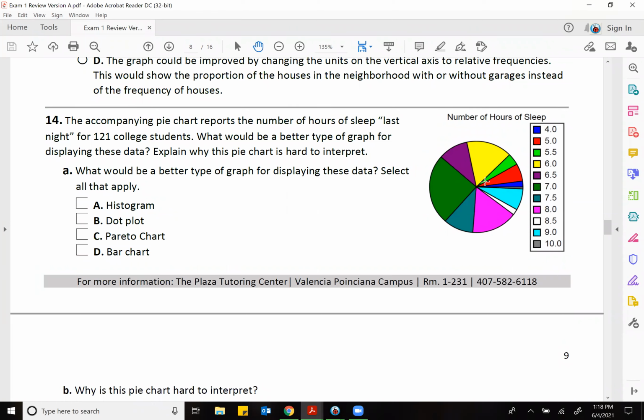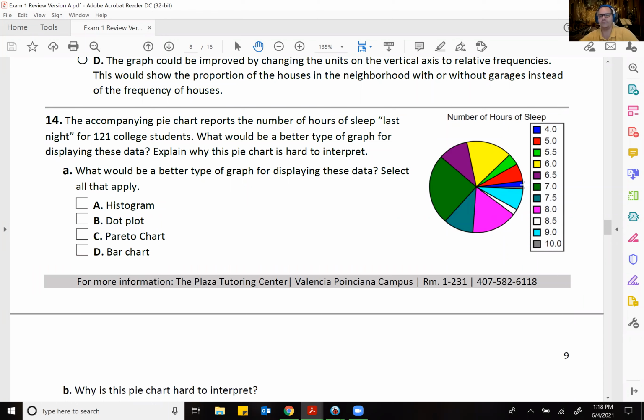Histogram or dot plot. Why? Because number of hours of sleep is numerical, not categorical. You got it. This is all numerical data over here. This is measurable. This isn't categories. And also, this pie chart is pretty busy.